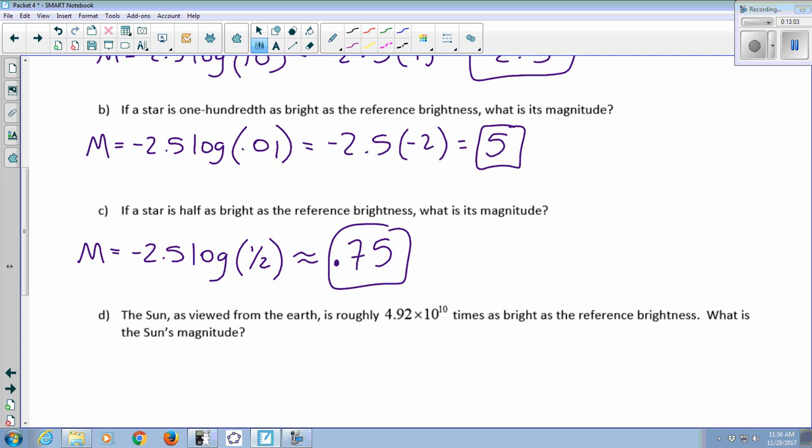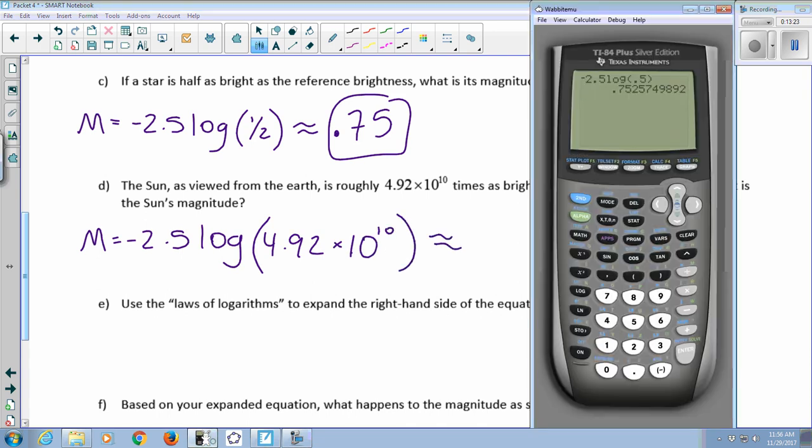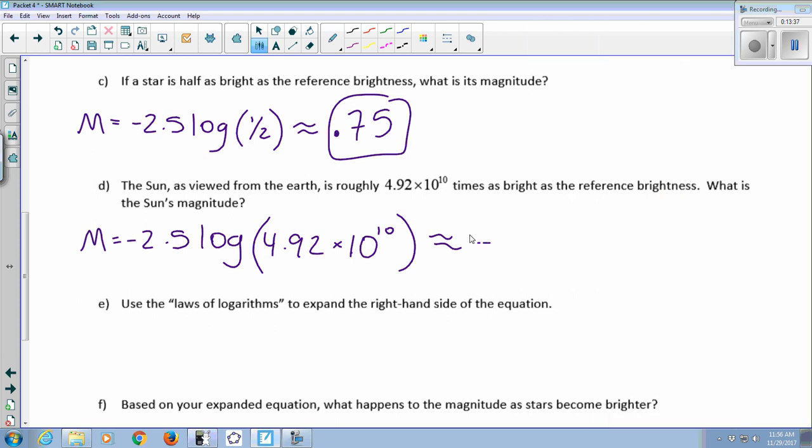The sun is roughly 4.92 times 10 to the 10th times as bright as the reference brightness. What is its magnitude? So I put 4.92 times 10 to the 10th in here. Negative 26.7.